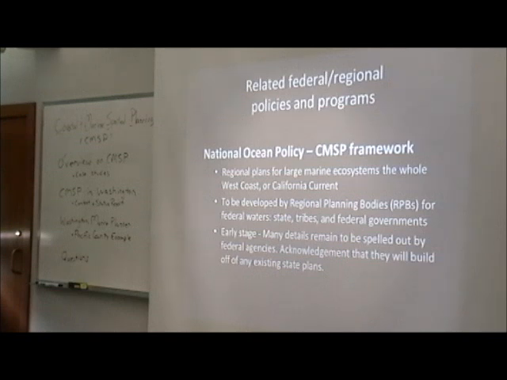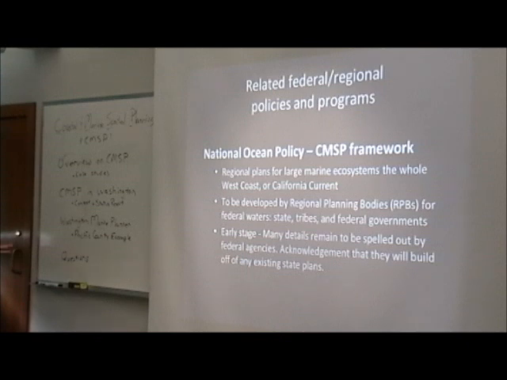And I talked about the National Ocean Policy. Again, large regions are developed by what they're calling regional planning bodies, or RPBs, and those are made up of the states, tribes, and federal agencies. Those are the people invited to sit at the table and develop these broader plans across the large area.